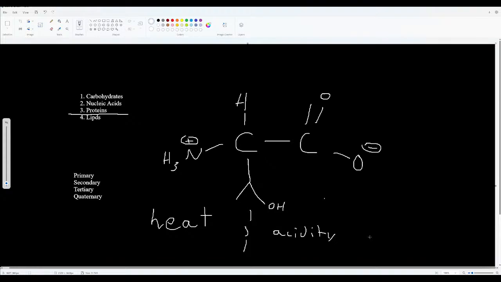Or if it's something so basic that a basic amino acid loses its extra proton, then, like I said, ionic bond cannot happen again. So when this happens, when the structure of the protein is compromised, this is known as denaturation, or just denaturing.